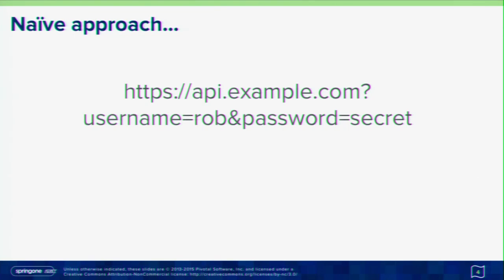So for example, it could be leaked inside of a browser history. It could be leaked inside of proxy server logs. There's all sorts of ways that that information can be lost. A referer URL, correct. Yeah, there's plenty of reasons. So what should we do instead?